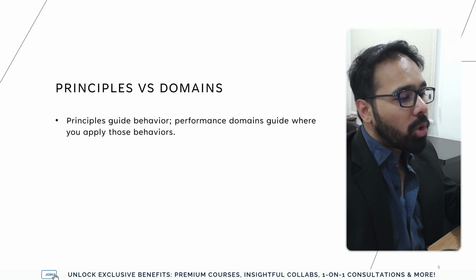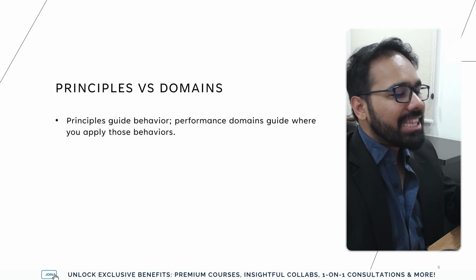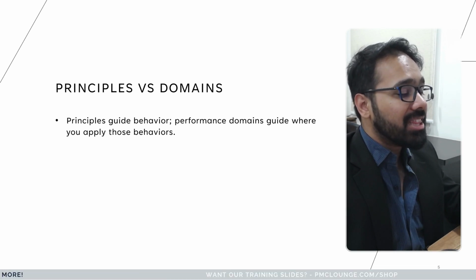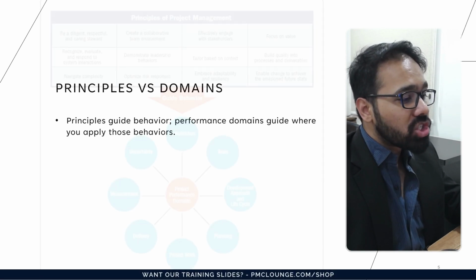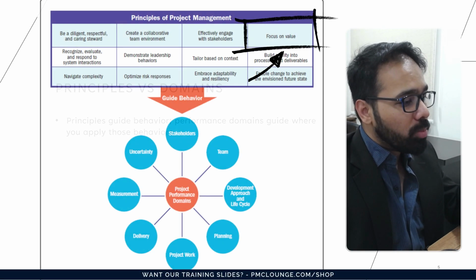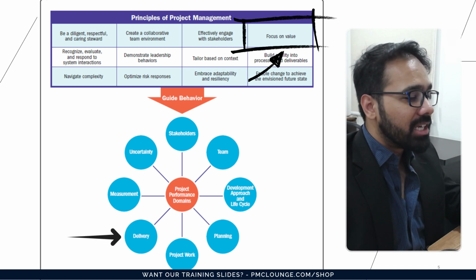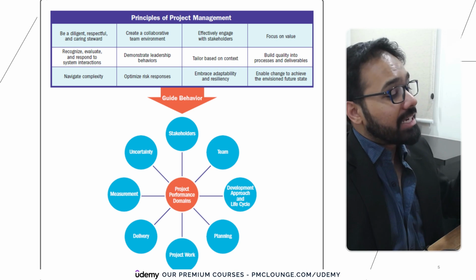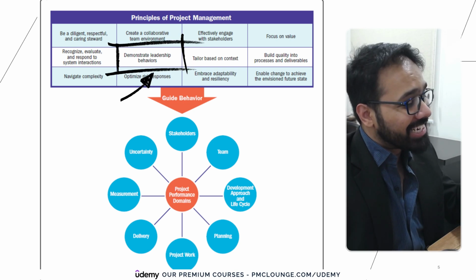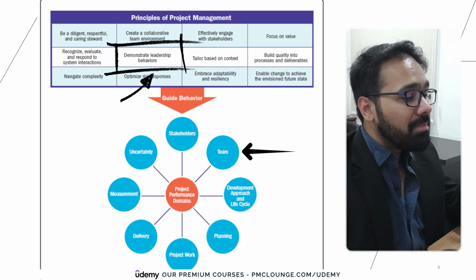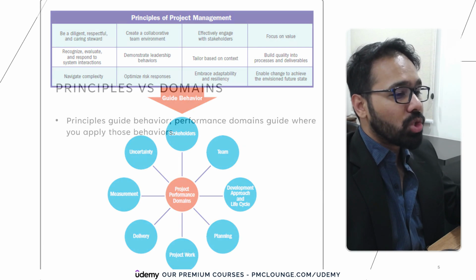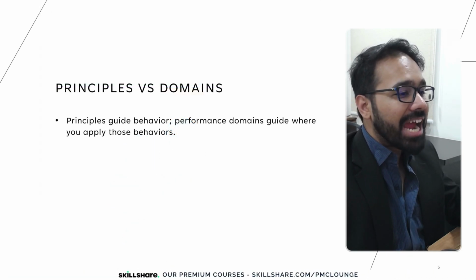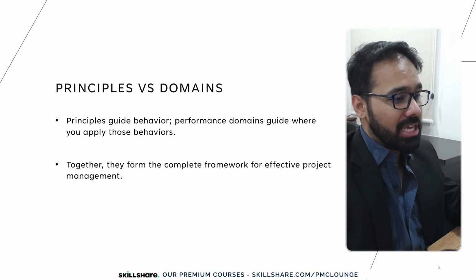But when we talk about project performance domains, these are the arenas where you live out or where you apply these principles. So you demonstrate the focus on value principle in your delivery and in your measurement domains. You demonstrate leadership behavior principle in your team and stakeholders domain. So that is how principles can guide behavior, but performance domains guide where you apply those behaviors.